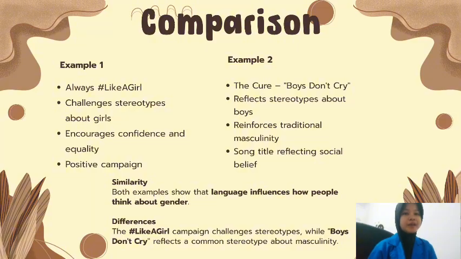Now let's compare these two examples. The Always Like a Girl campaign challenges stereotypes about girls by encouraging confidence and gender equality. On the other hand, "Boys Don't Cry" reflects traditional stereotypes that boys should hide their emotions.